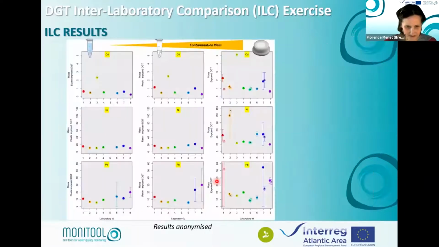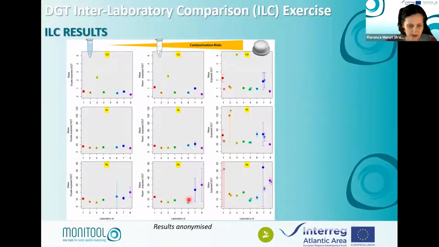So if we look at the results, for each line here, the first line is the cadmium results, the second line is the nickel results, and the third line is the lead results. In the first column, you have the results for the analysis only, where the resin was already eluted, so we only had the analysis to do.